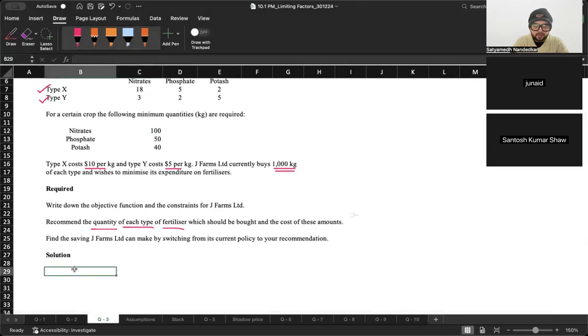ठीक है. So step 1 will be to define the variables. ठीक है.